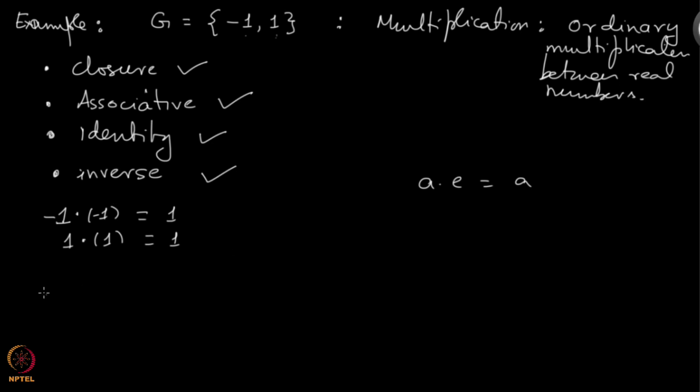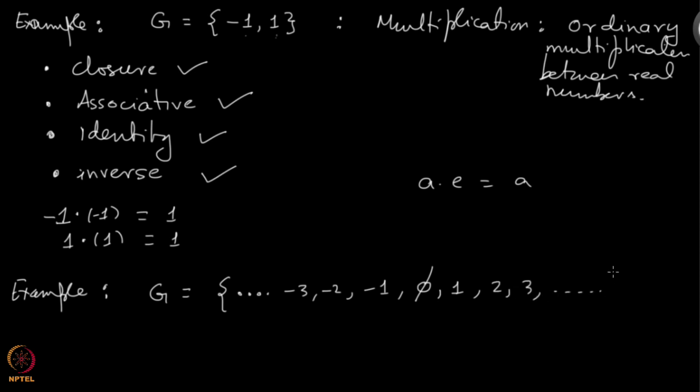Okay, that is good. Let me give you another example. Let us take the set G which consists of all the integers. So let's say minus 3, minus 4, minus 5, everything, all negative numbers. 0 is not here, I am just crossing it out.